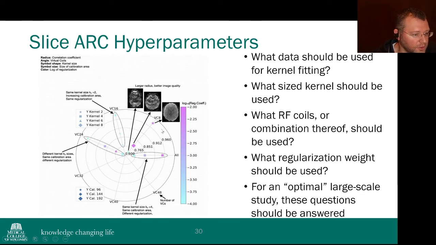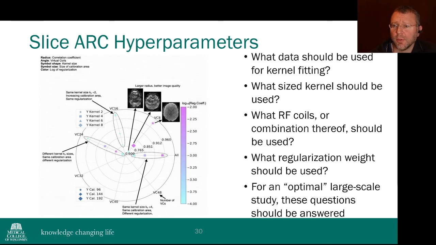Regardless, as you can see from these example images from data sets that were acquired with those markers, when you have radially outward, you have really good image quality with your reconstructed images. And when you have very little radial distance, you can certainly see some residual aliasing in those reconstructed slices.